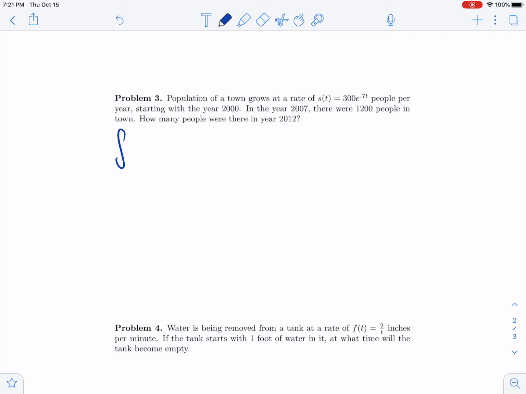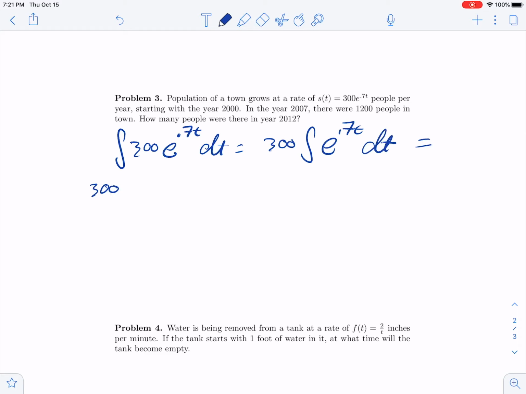We have the integral of 300 e to the 0.7 t dt, which is 300 integral e to the 0.7 t dt, which is equal to, what, 300, we need to make a u substitution, so u equals 0.7 t, just like the problem above, dt is going to equal du over 0.7.